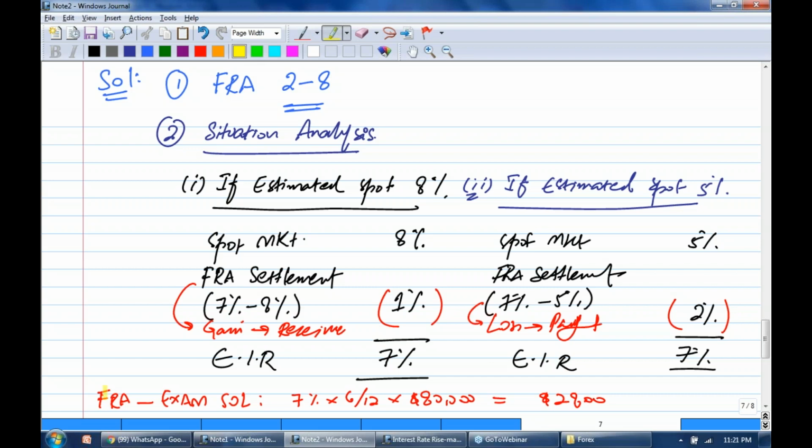This one is the solution. This is the exam solution.